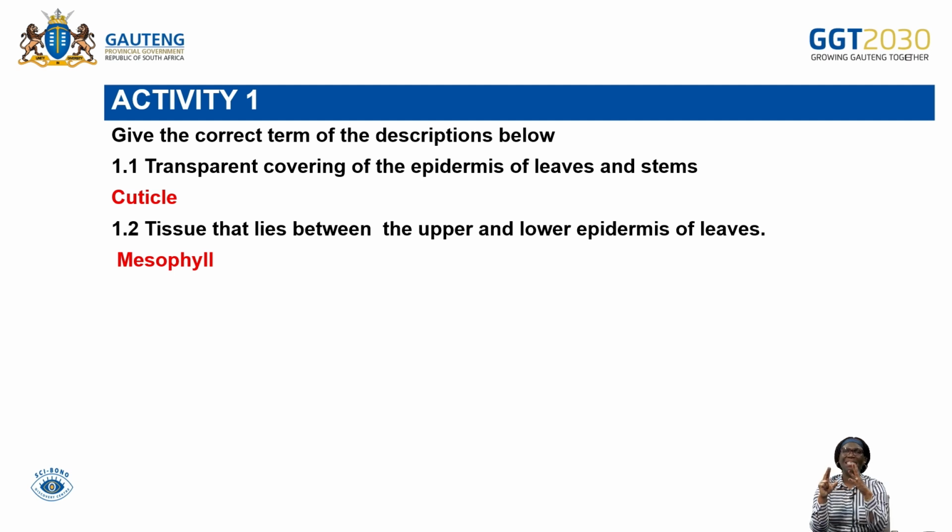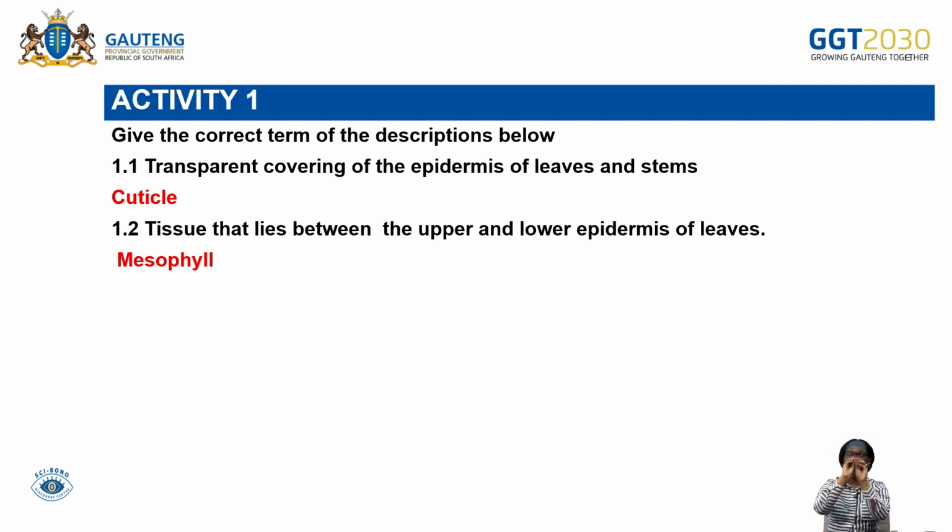Remember, we said there are two types of mesophyll, isn't it? The palisade mesophyll, which is found on the upper epidermis, and the spongy mesophyll, which will be found at the lower epidermis. But this one says a tissue that lies between the upper and what?